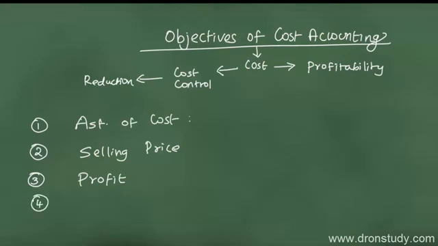Cost accounting also assists the management in decision making. How? Say for example, a particular customer asks for a discount in the price. So here the decision can be taken on acceptance of profit margin. Say for example, the cost of the product is $100 and the margin loaded by the company is 50, so they are selling it for $150.